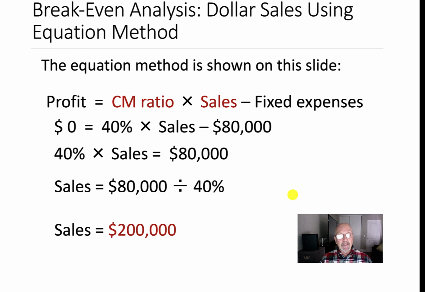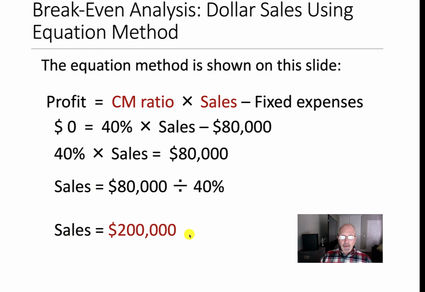So again, we need to isolate what we don't know. We're isolating sales. So we're moving the 40% times sales over to the left because there's 0 here, so we can pop it over. We're going to isolate sales by dividing this by 40% and dividing this by 40%.